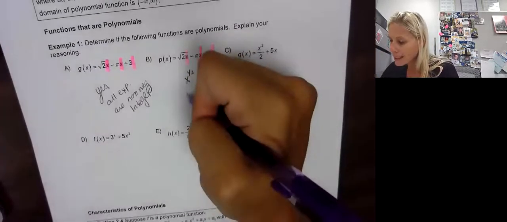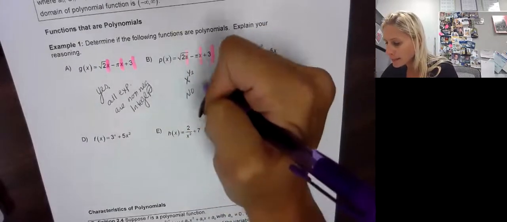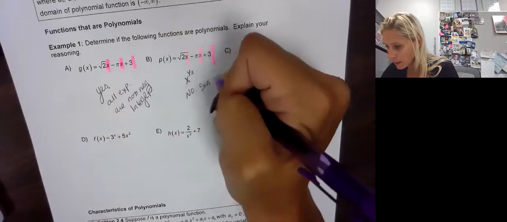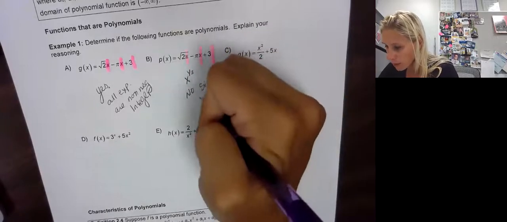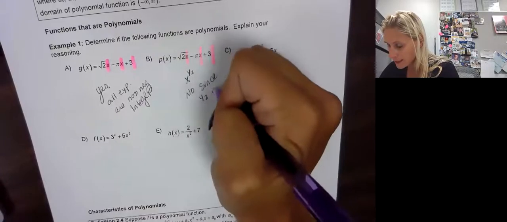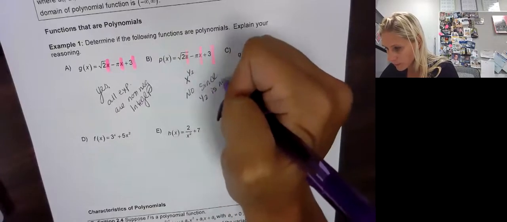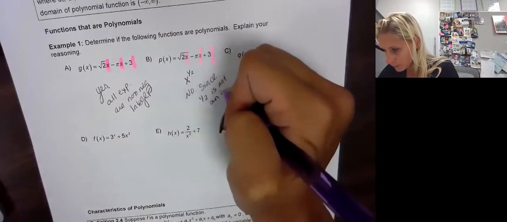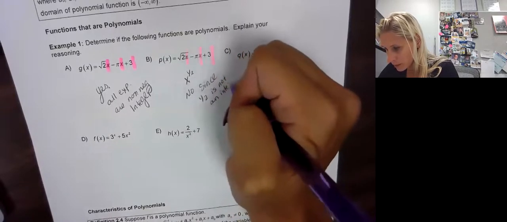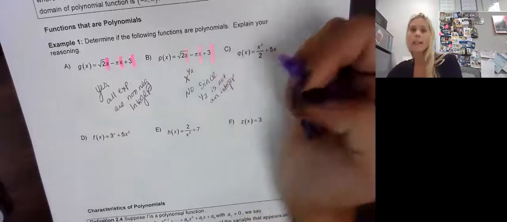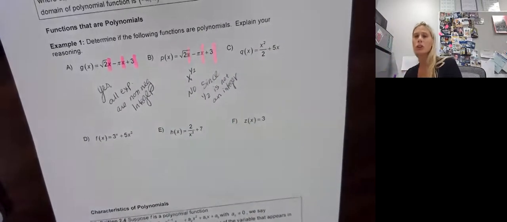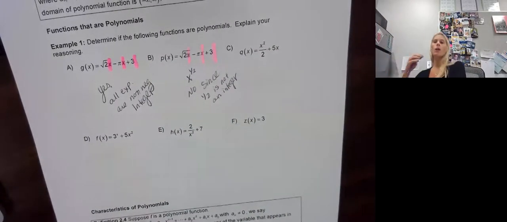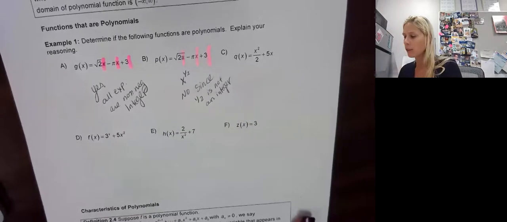So in this case, no, since 1/2 is not an integer. It is non-negative, but it's not an integer. Remember, integers are whole numbers. Specifically, we want the positive whole numbers.